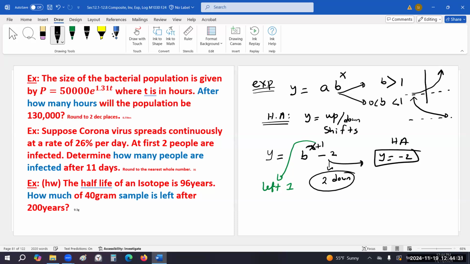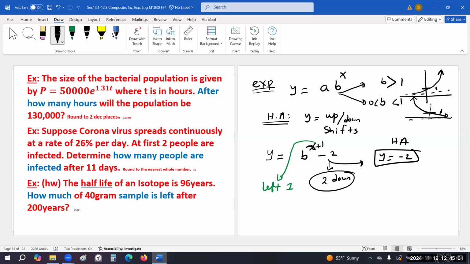And we also said every exponential without transformation has the y-intercept 1. Positive 1. Oh, drop it down. 1. Right?